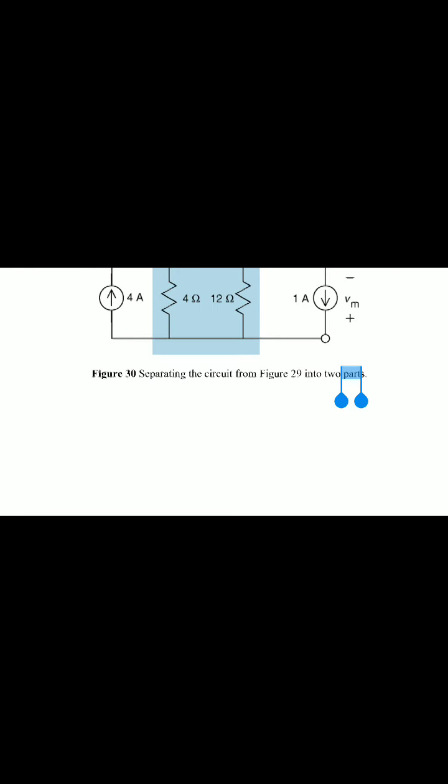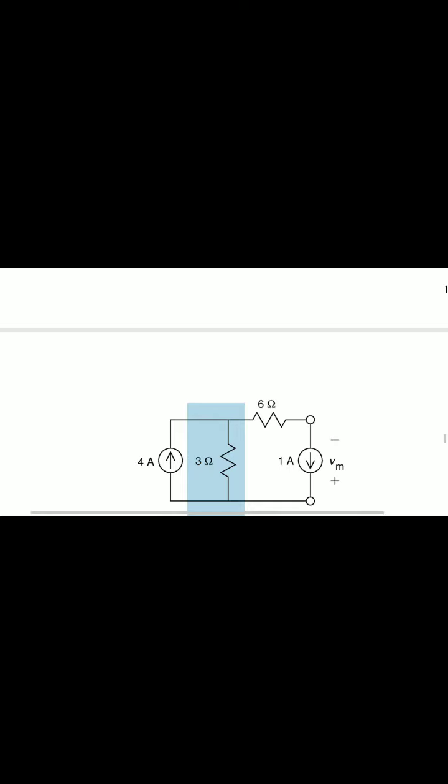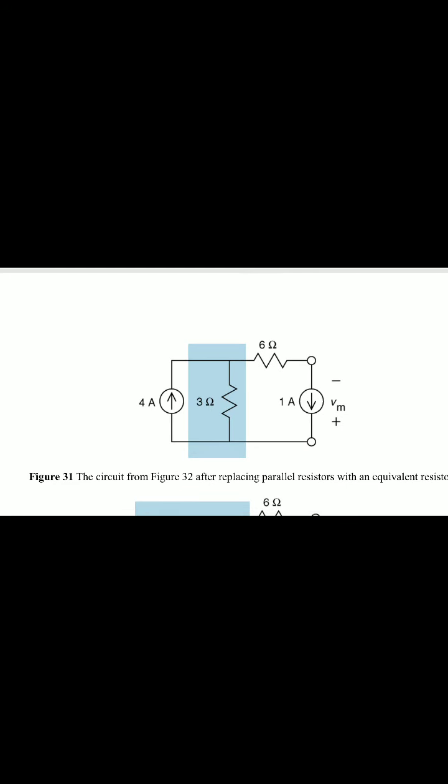Figure 30 separating the circuit from figure 29 into two parts. Here, observe this one, the current is 4 amps as it is, and the equivalent resistance is 3 ohms, and before that 6 ohms and 1 amp as it is.